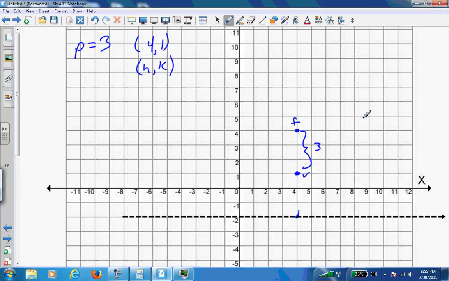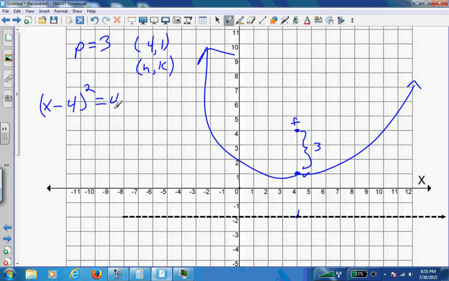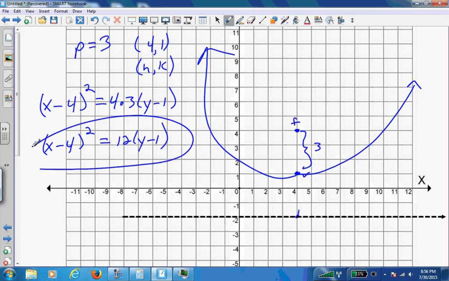So if our parabola is one that's going like this, then that's of the form x minus h squared equals 4 times p times y minus k. So (x minus 4) squared equals 12 times (y minus 1). There's the equation of our parabola.